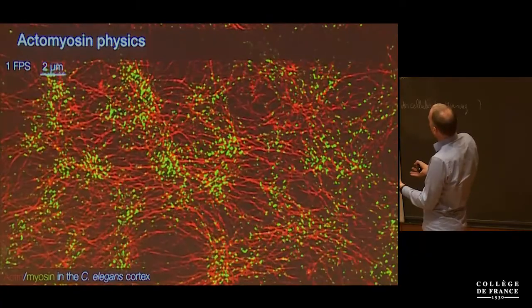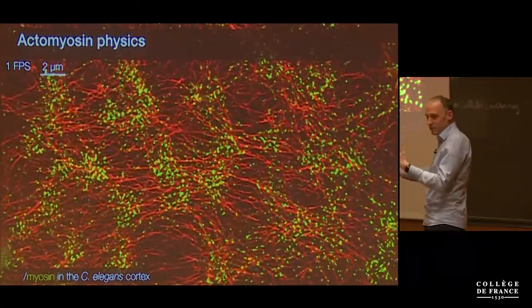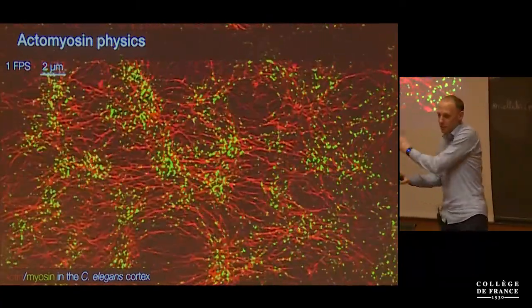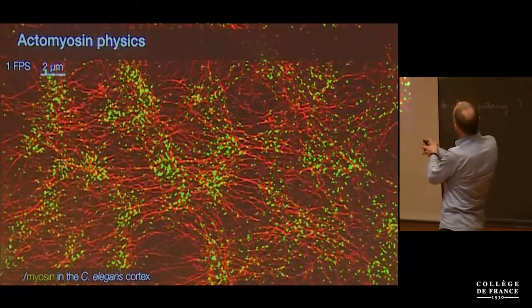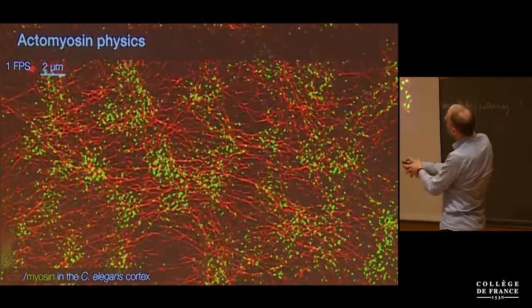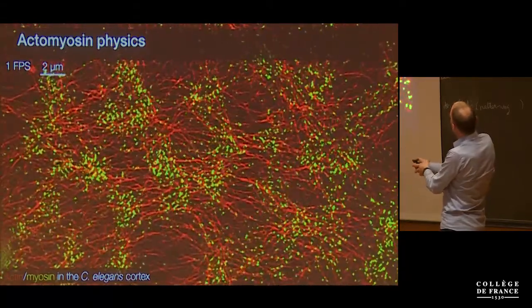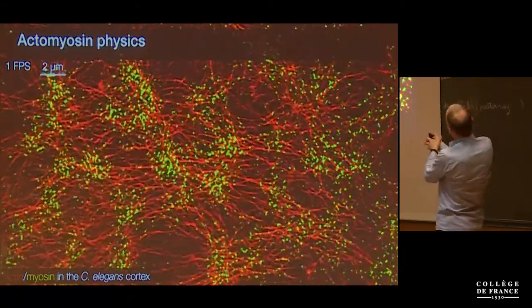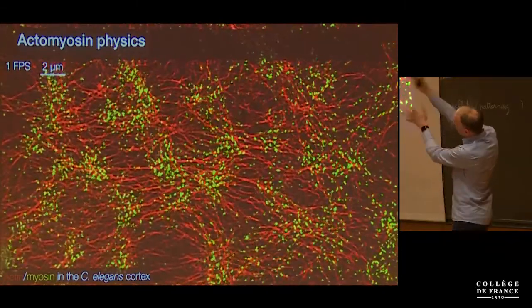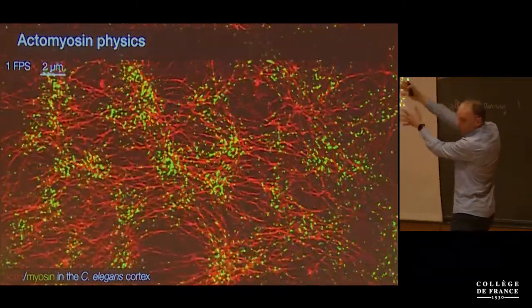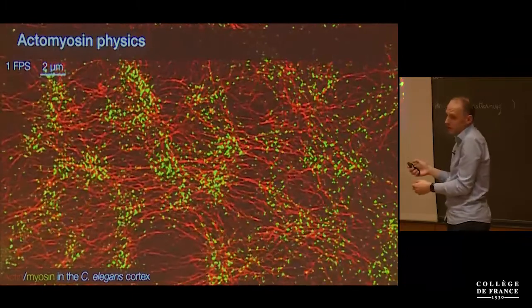Of course, we can now go ahead and track and segment movies like this, and we're doing that. But the tricky part is to relate the activities of all these green myosin motor proteins to the larger scale activity, which is a slow flow. I want you to realize that this cortex is flowing from the right to the left very slowly.